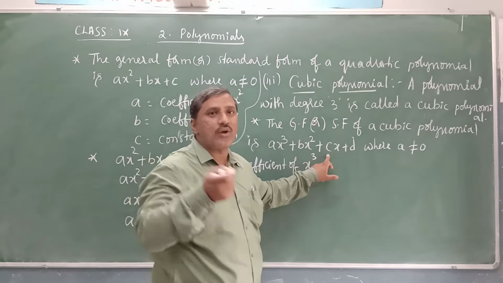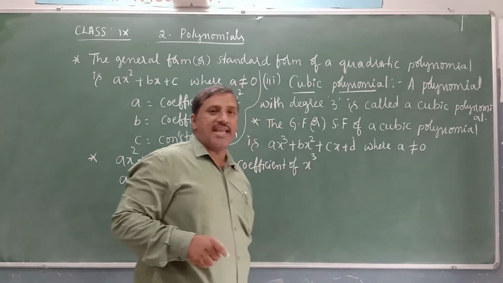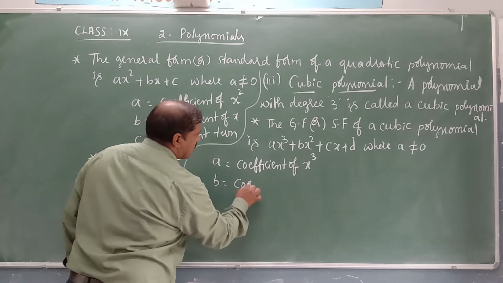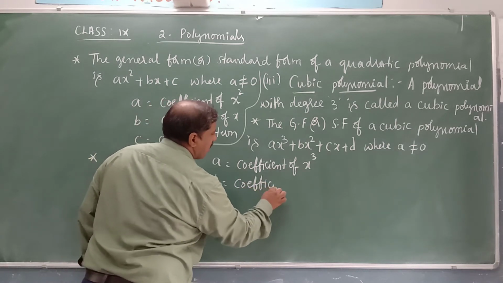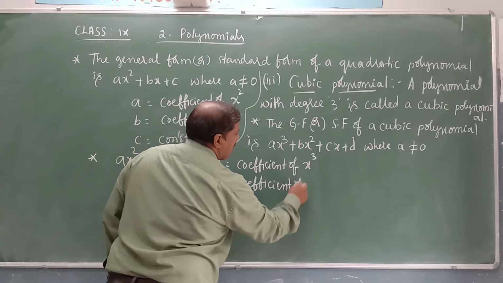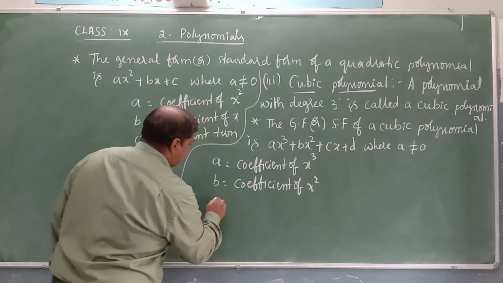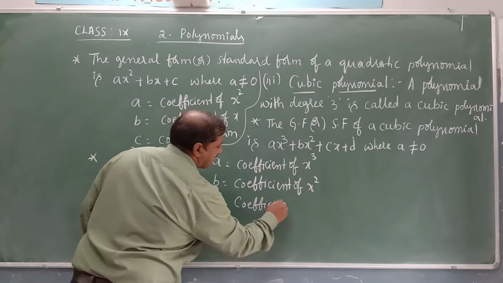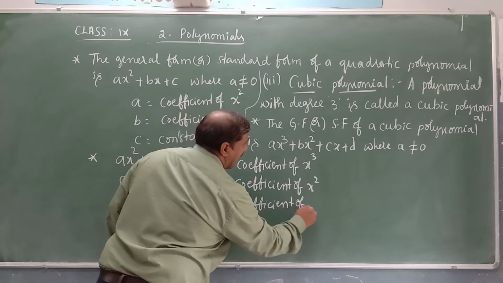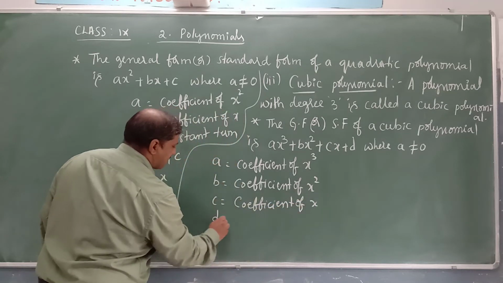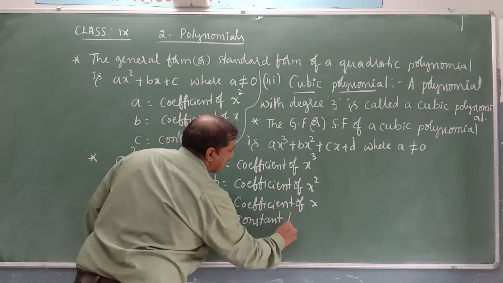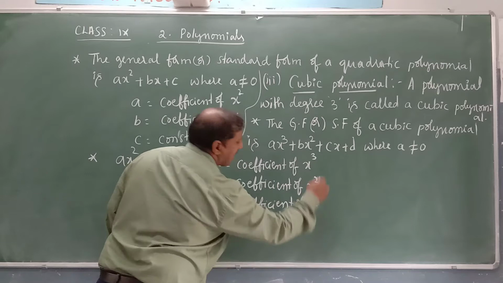C is the coefficient of x and d is the constant term.